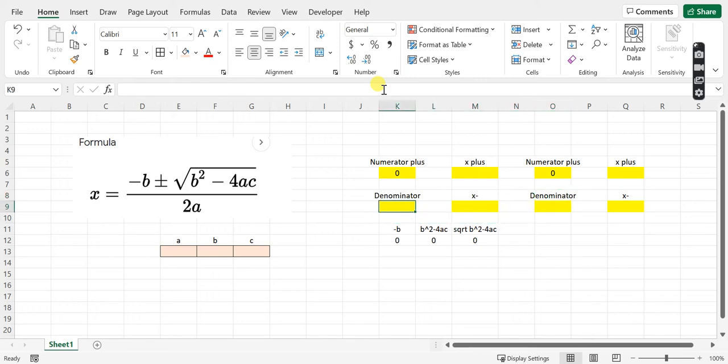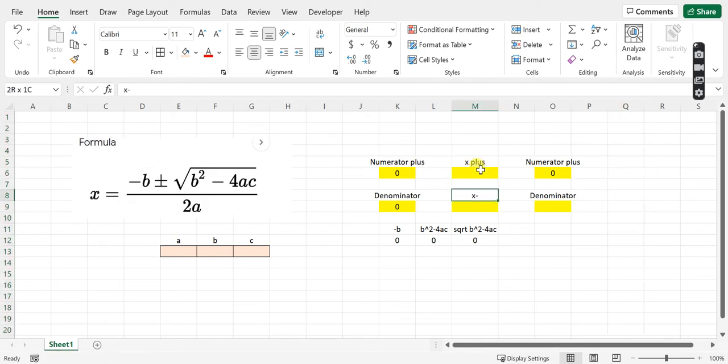Denominator is easy. All it is is 2a, equals 2 times a. And then all we need to do is go numerator divide by, oops, we won't need this. All we need then is numerator.